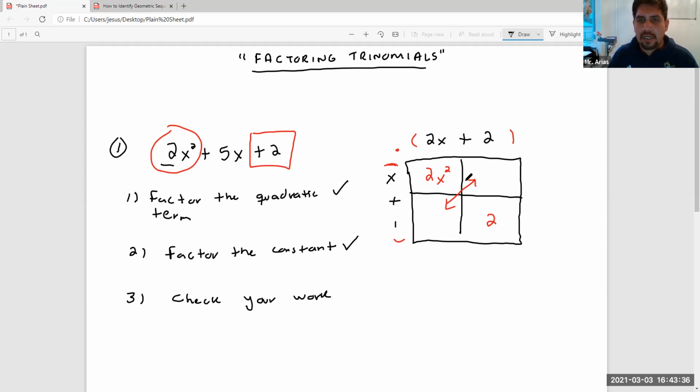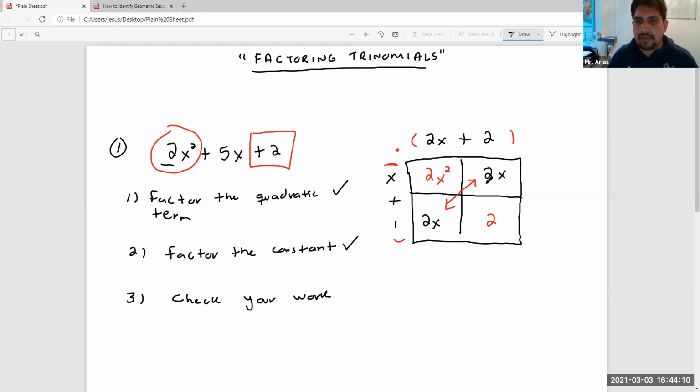So the work check is going to happen after we find out these entries in the diagonal directions in the box. For that to happen, you can simply multiply the x from the height by the 2 from the base to then produce this term up here. So this is the answer when you do the multiplication of x times 2. And then in the same way, if I multiply 2x times 1, we're going to get 2x, right?